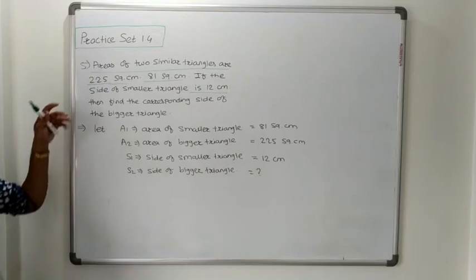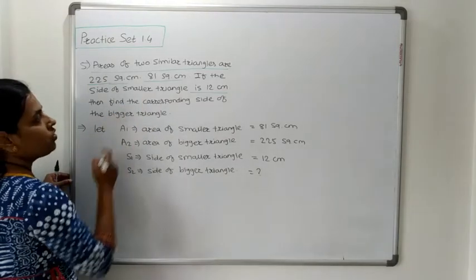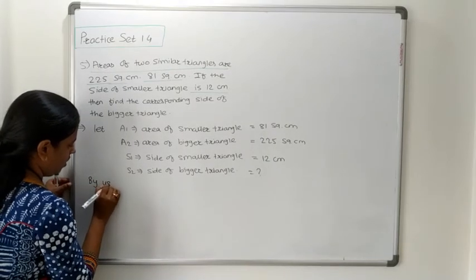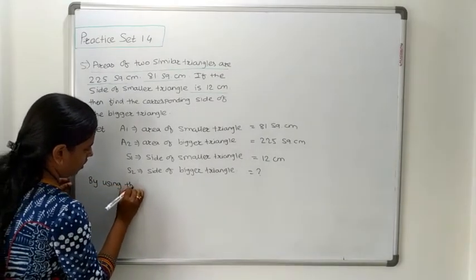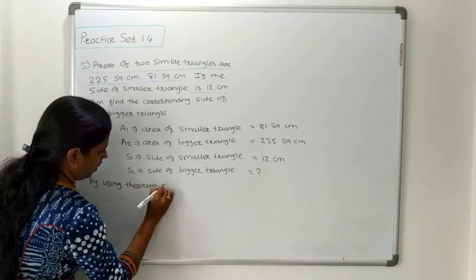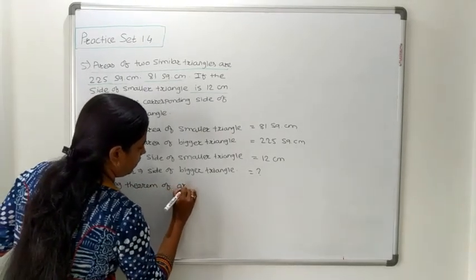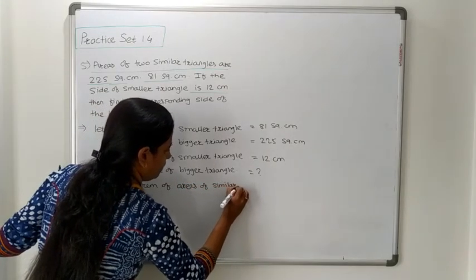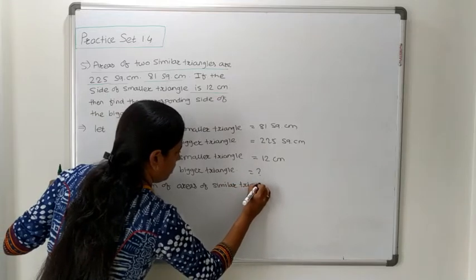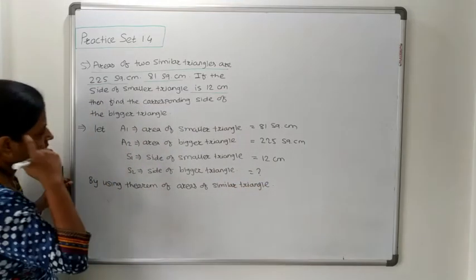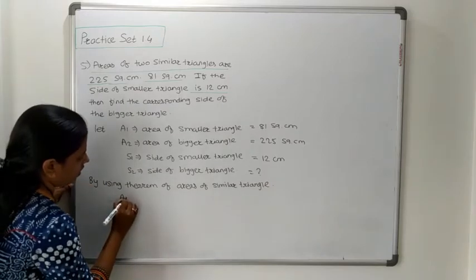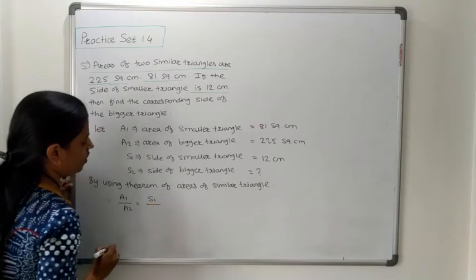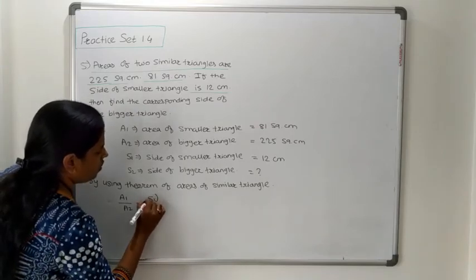When we talk about two similar triangles, we have to use which theorem? By using the theorem of areas of similar triangles, A1 upon A2 is equal to S1 square upon S2 square.